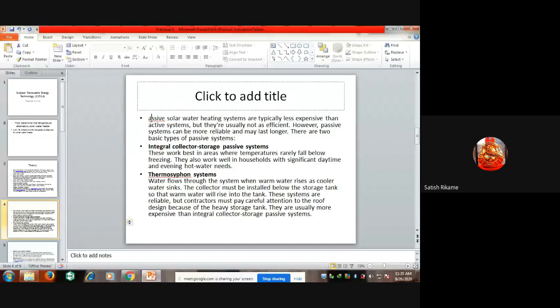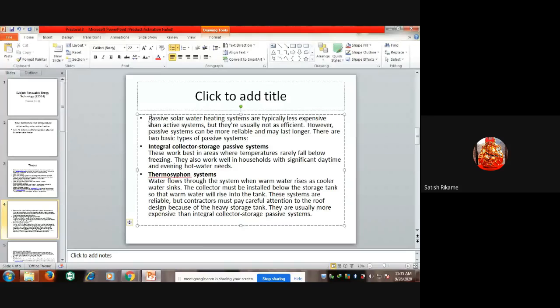A passive solar water system is less expensive than an active system, but usually not as efficient. However, passive systems can be more reliable and may last longer. There are two basic types: integral collector storage passive systems and thermosiphon systems. Integral collector storage works best in areas where temperatures rarely fall below freezing, and in households with significant daytime and evening hot water needs.